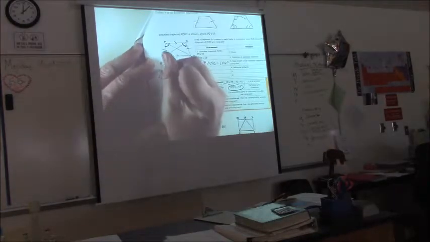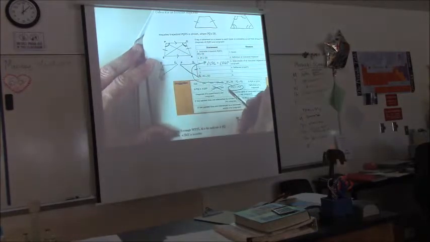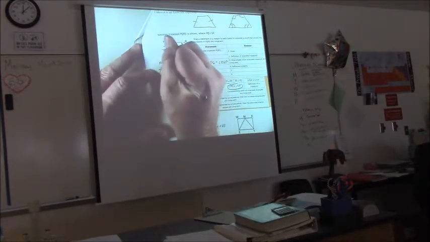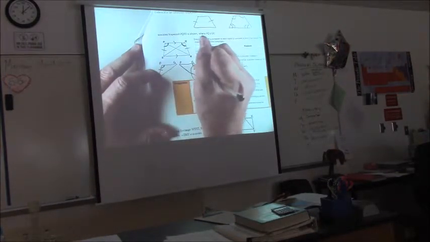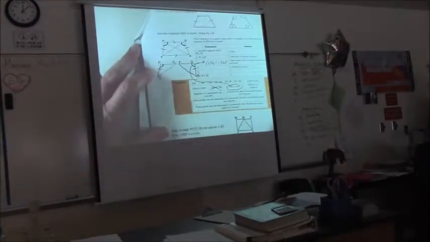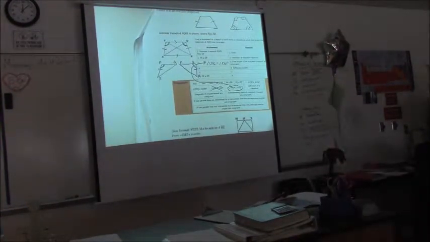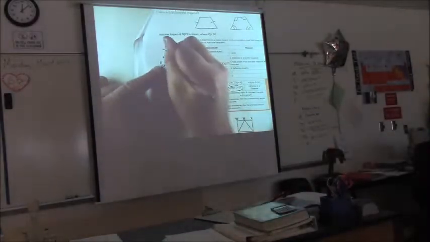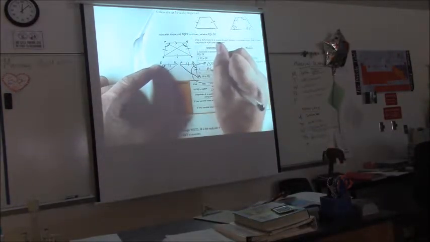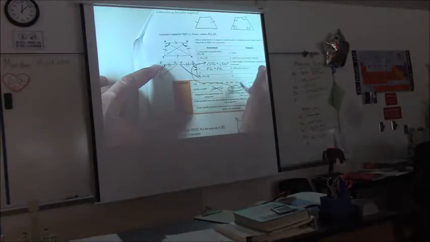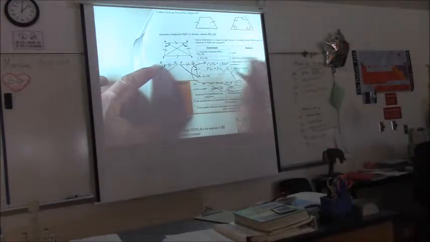Because watch, they said this side's equal to this side, right? That was the legs. They just said that this angle is equal to this one. If they're using the reflexive property, there must be something they're sharing. Oh, PQ. PQ equal to PQ. You're like, oh, you little suckers. All right, so I would drag that one in there.